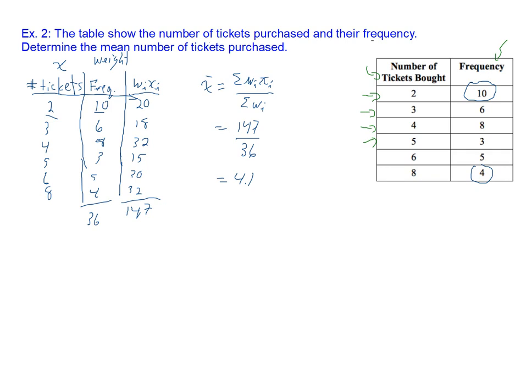So this indicates that the mean number of tickets is 4.1.